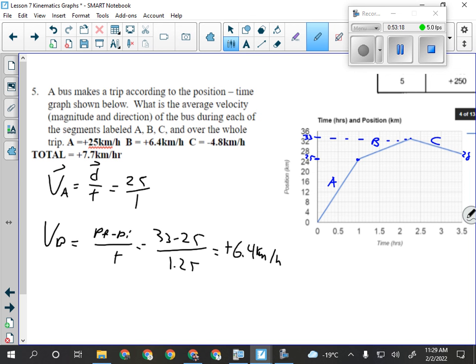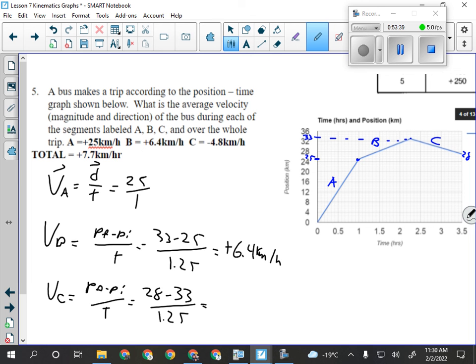Okay, and then for part C, same thing, final position minus initial position over time, so that'll be 28 minus 33, over, that's another 1.25 hours, because it goes to 3.5.